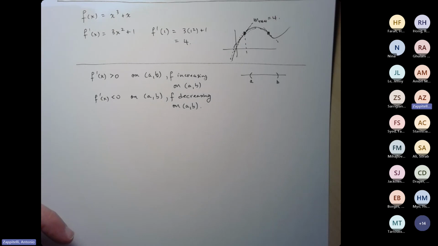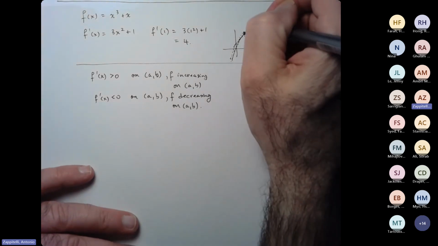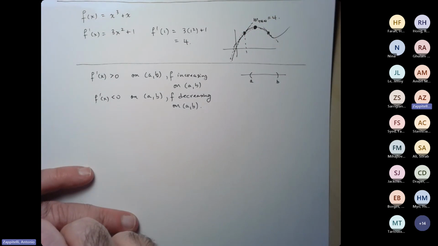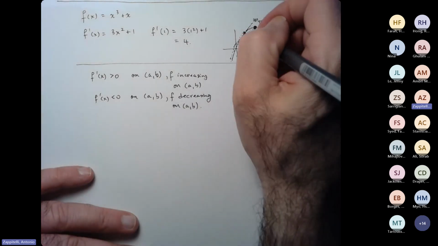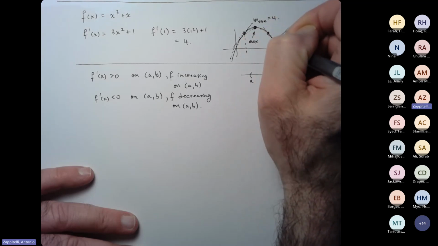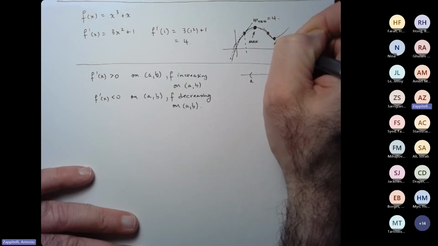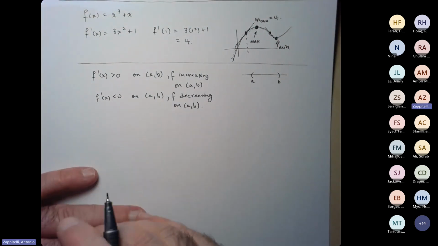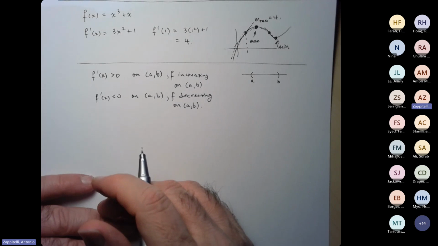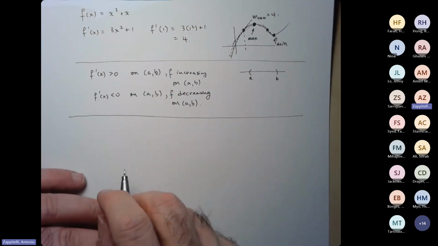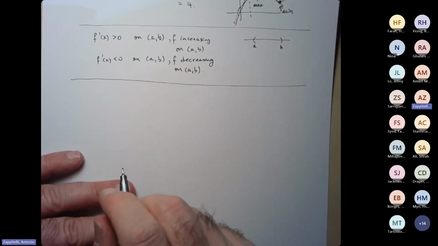Well, one thing that might be interesting to you is what is the maximum point that you might have on a graph? And of course, if you're interested in the maximum point, you might also be interested in the minimum point. And so that's the next thing that derivatives help you determine. They help you determine what we call the local maxima and local minima.